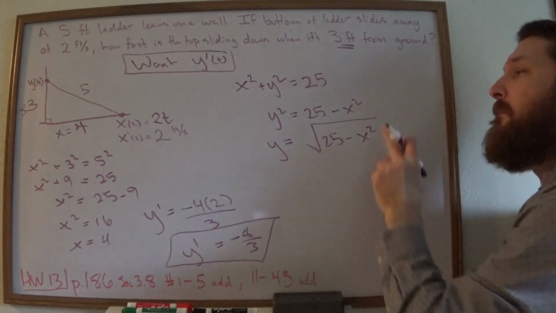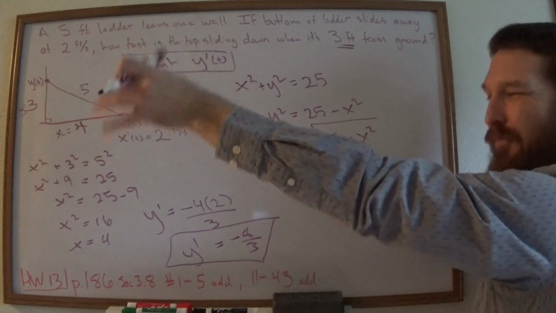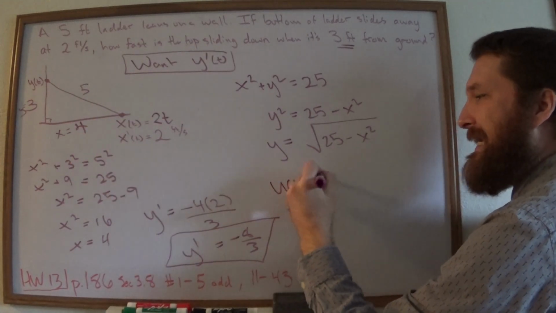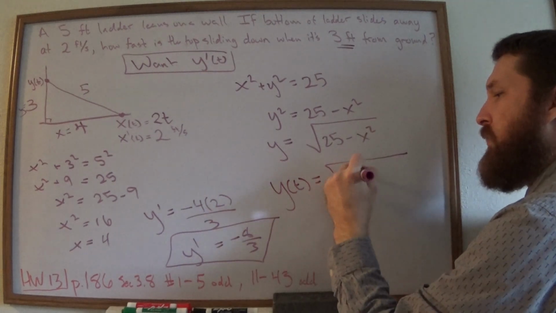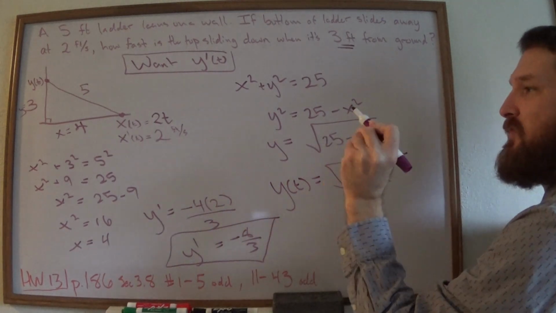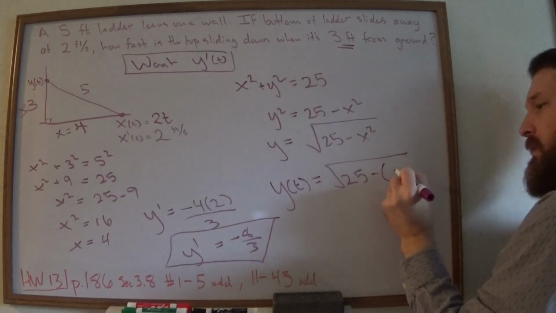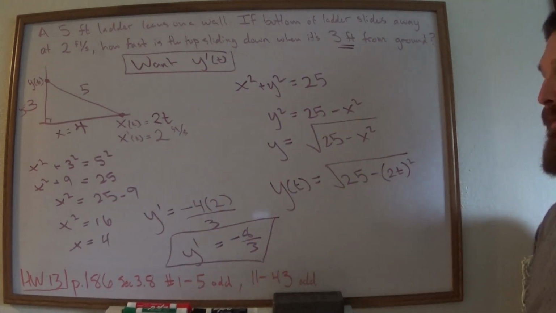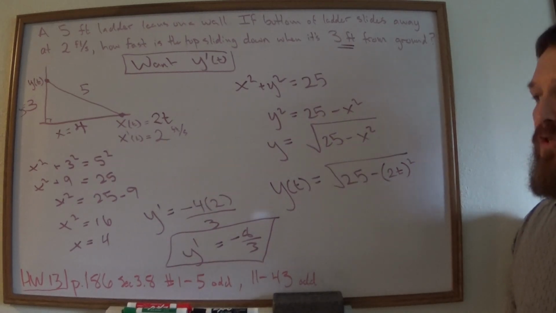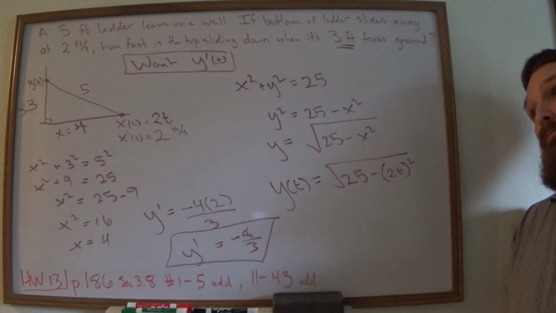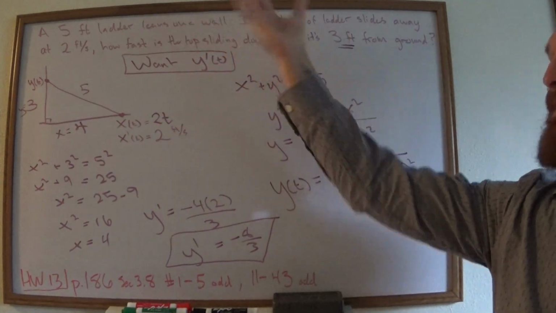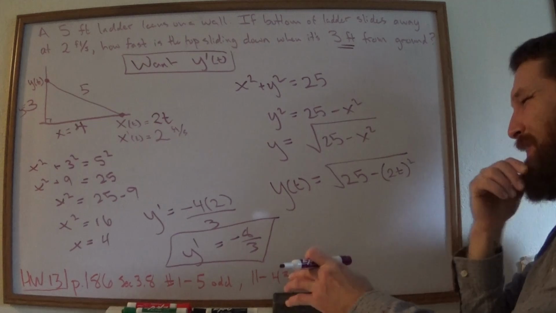But we know that x, in this case, if we knew all that stuff, we could say, okay, then y of t is equal to root 25 minus 2t squared. Now we just take a derivative. So this is another way you could do it. Again, though, the problem with that is we don't know what time. It didn't give us the time, so yeah.